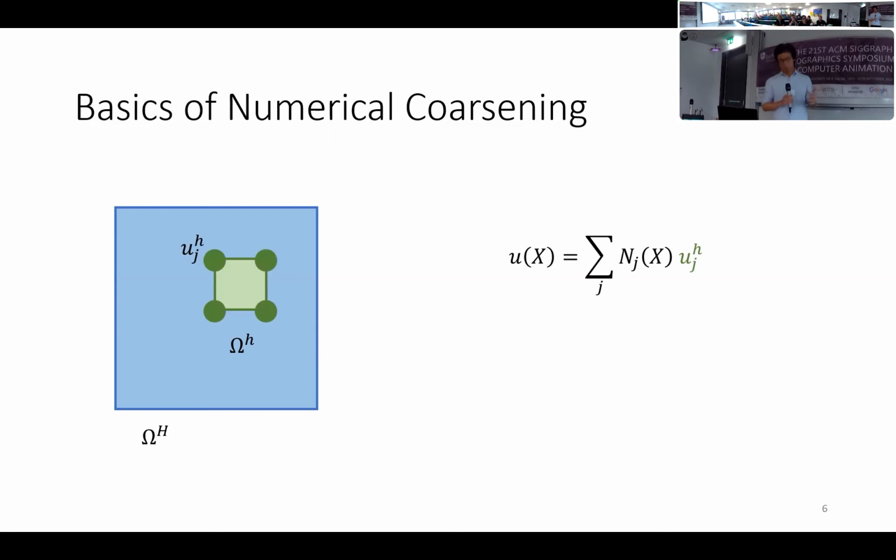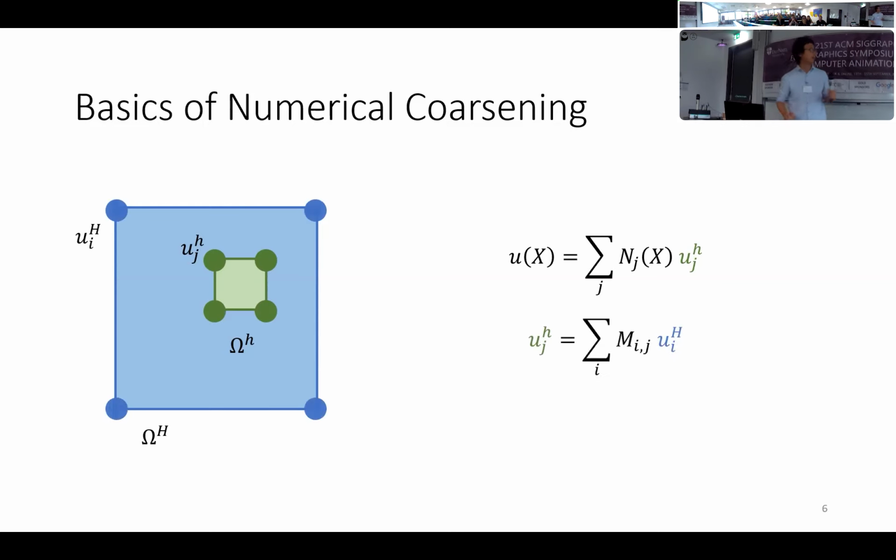For instance, here it's bilinear shape functions. But in numerical coarsening, the only degrees of freedom are the displacements of the coarse nodes in blue. And fine displacements are defined by the interpolation of the coarse nodes displacement, like in the equation here.